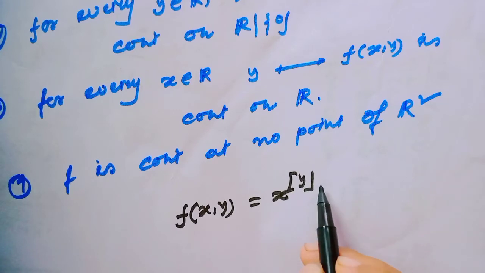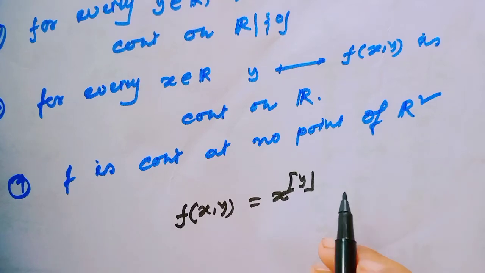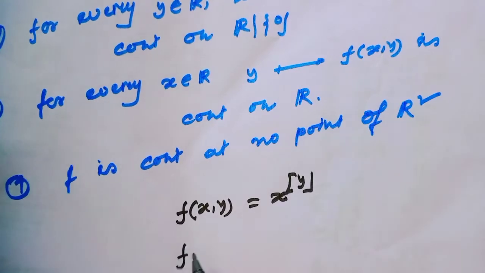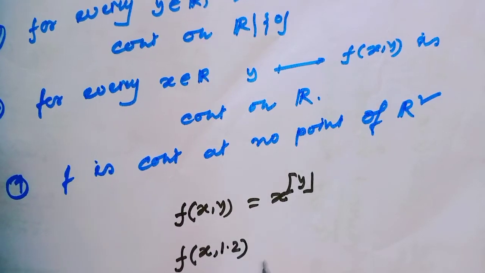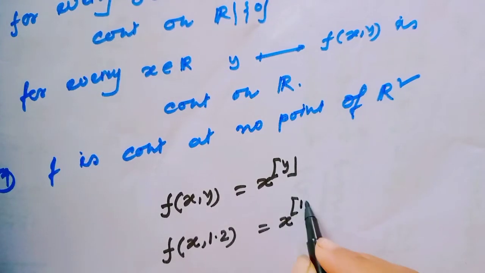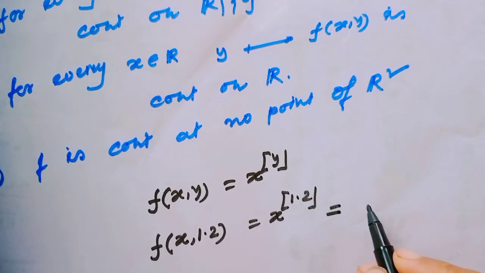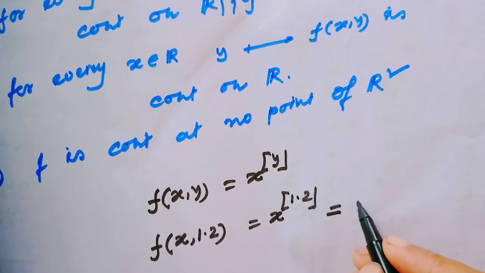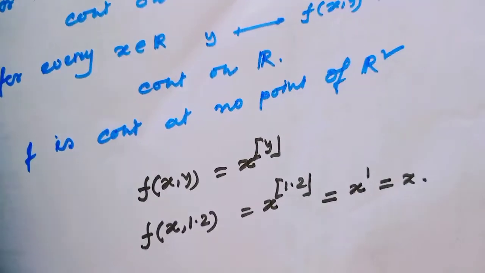We all know this is the greatest integer which is less than or equal to y. If you put the value (x, 1.2), then this would be x to the power box of 1.2, which by the greatest integer method is x to the power 1, which is equal to x.